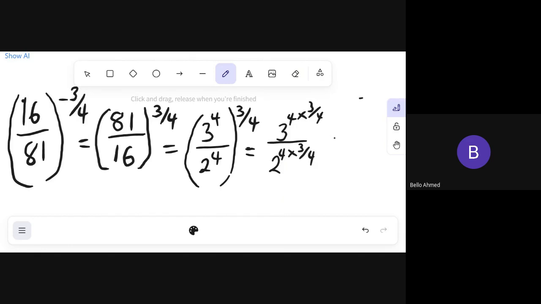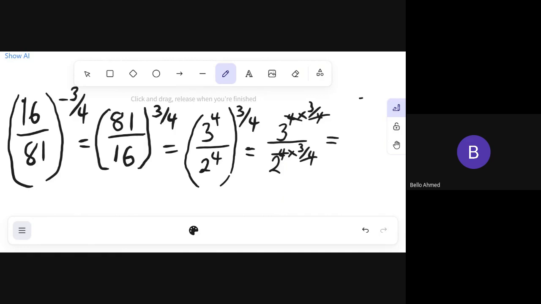Well, we know that this 4 in the exponent cancels this 4, and in the denominator this 4 also cancels this 4. So what are we left with?